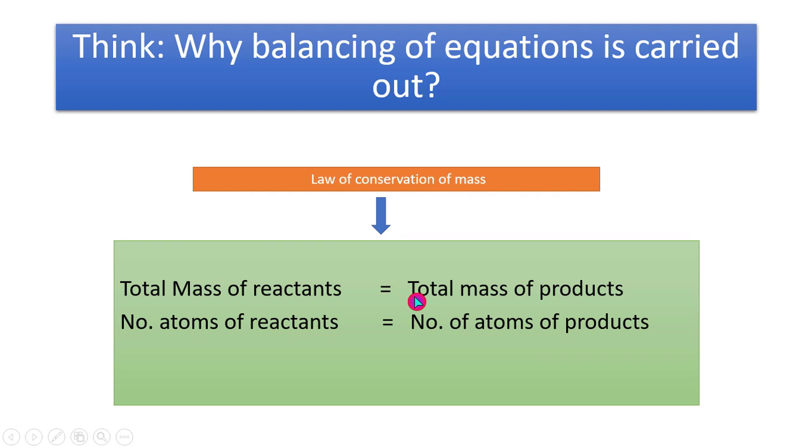The total mass of reactants becomes equal to the total mass of products when the number of atoms of reactants becomes equal to the total number of atoms of products. So in order to equalize the number of atoms of reactants and products, we have to balance the chemical equation.